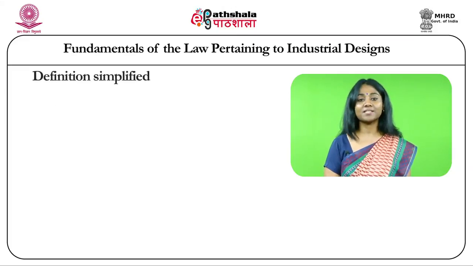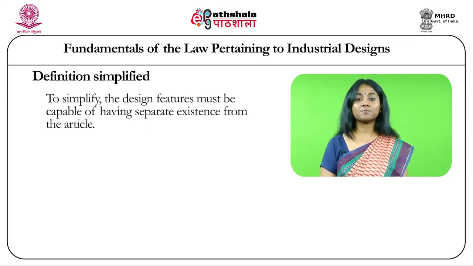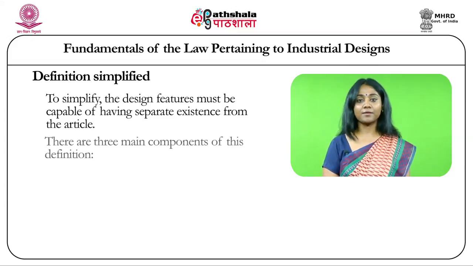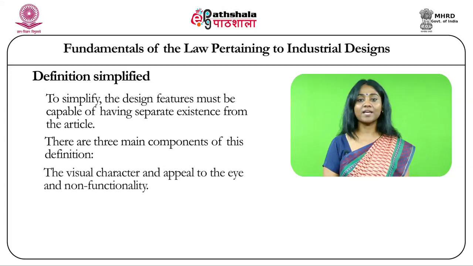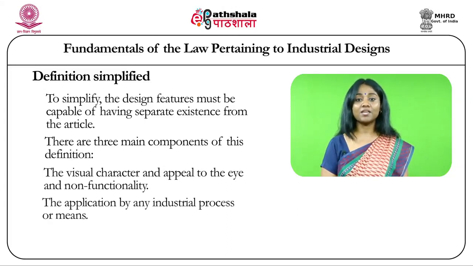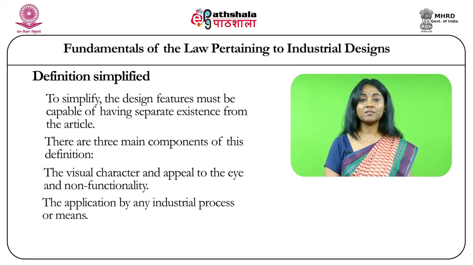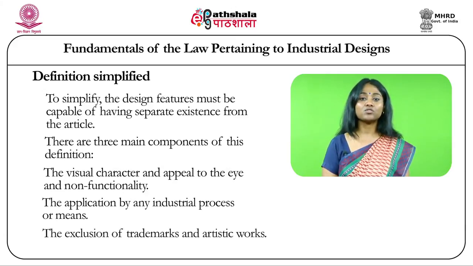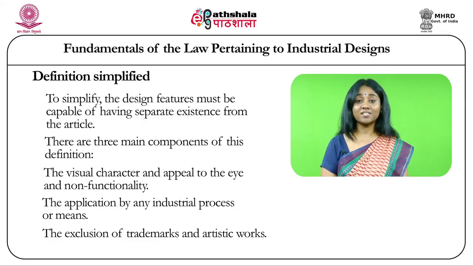So, simplifying, the design features must be capable of having a separate existence altogether from the article. There are 3 main components: the visual character and the appeal to the eye and non-functionality, the application by any industrial process or means, and finally the exclusion of trademarks and artistic works. And that will help you understand what is defined as an industrial design.